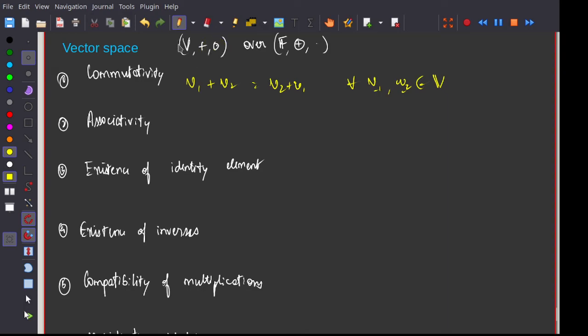The elements of the vector space are going to be called vectors, and we'll sometimes use an underline to denote that this is a vector. It's just to make it convenient to distinguish between field elements, scalar elements, and vector elements. And then you have associativity, v1 plus v2 plus v3. Again, it doesn't matter in which order I add these.